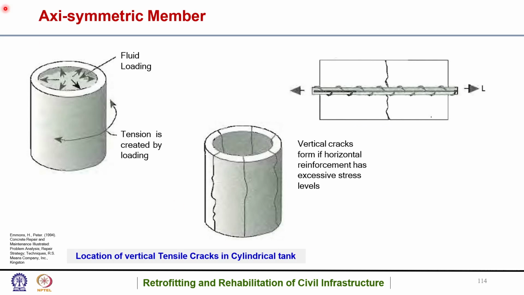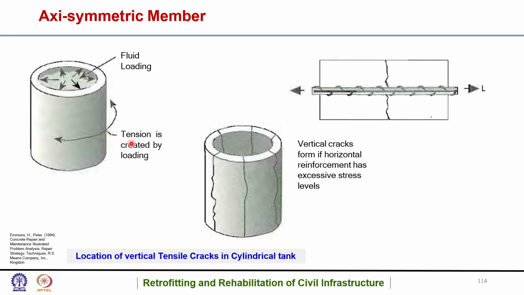And again there is the axisymmetric member, a member which has the same symmetry about a constant axis. Here we have fluid loading. This is a cylinder, and inside it there is a fluid which is exerting stress, say for example hoop stress, the circumferential stress.